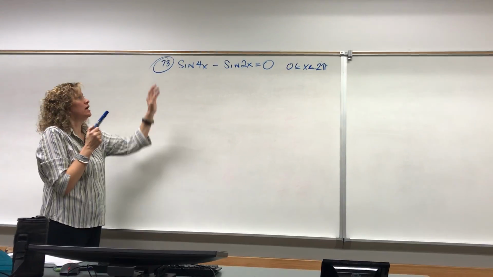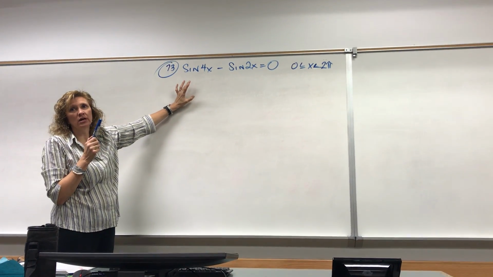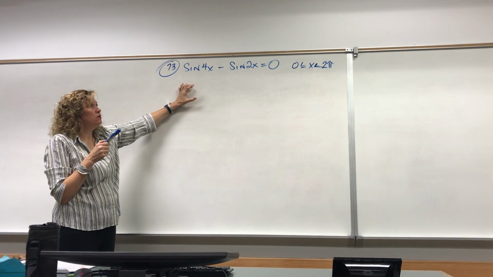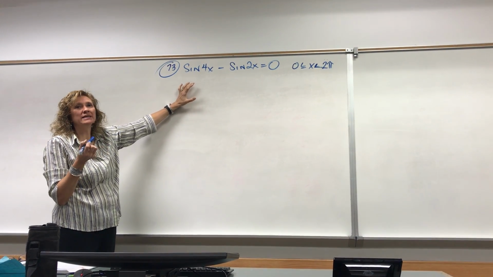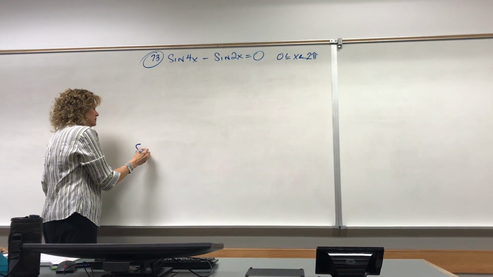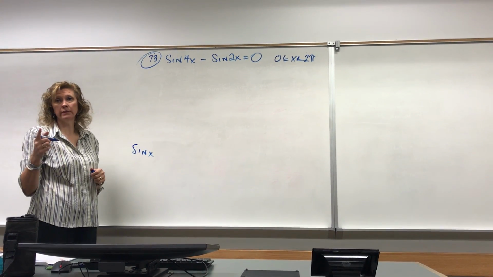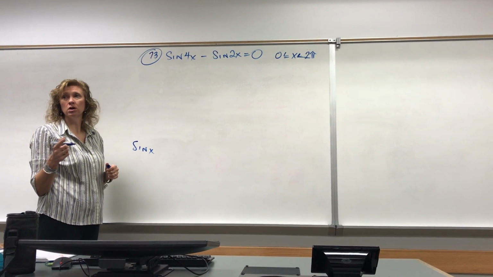We want to do a substitution with our formulas. The only thing is that we don't want to get all the way down to just sine x, because that equation, you probably got there, is probably ugly.